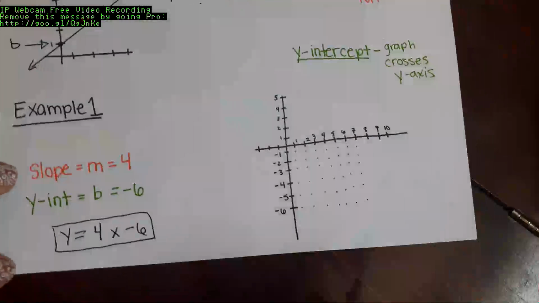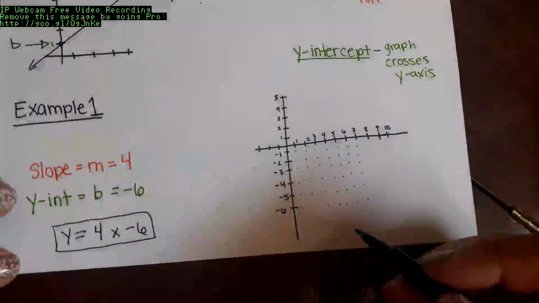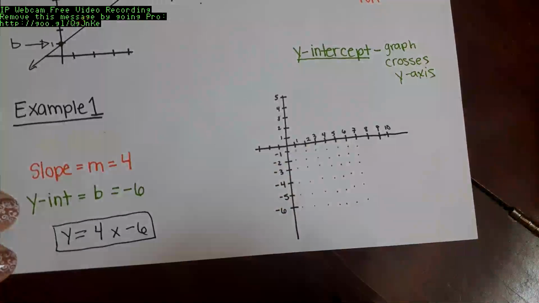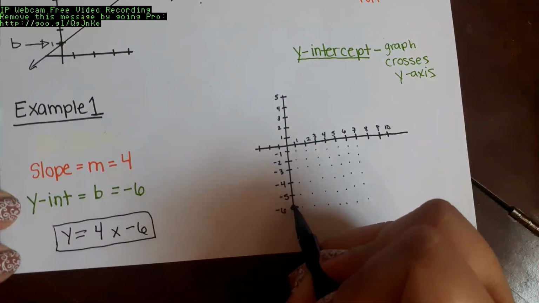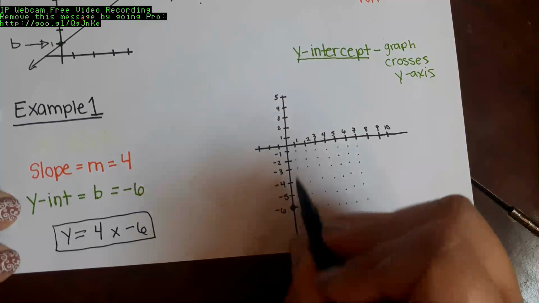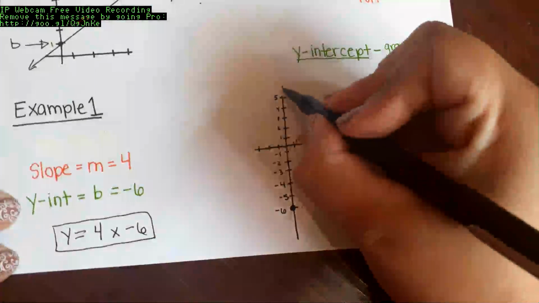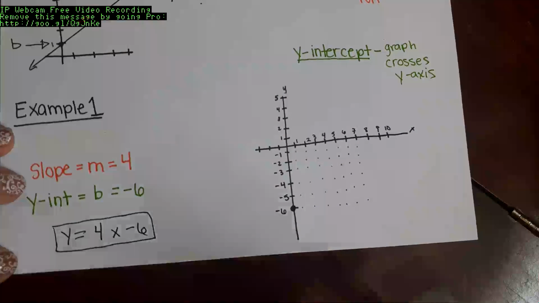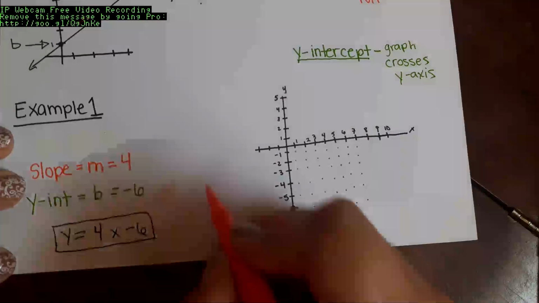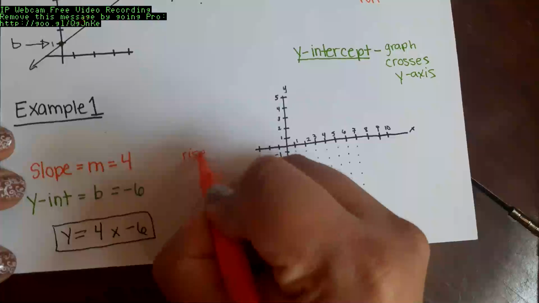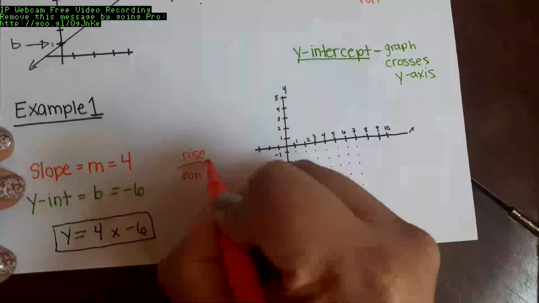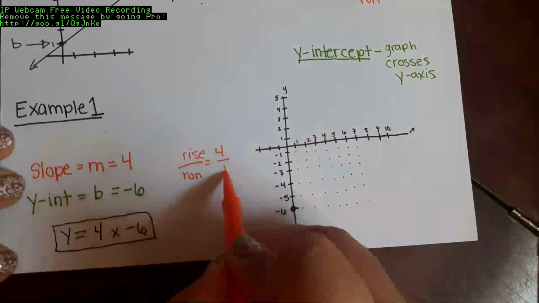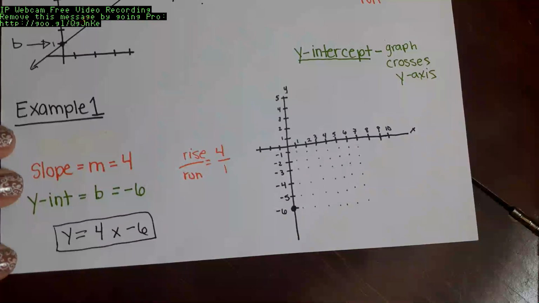So now let's graph it. I always start at my y-intercept. So I'm going to put a point at -6, because that's my y-intercept. Let me just put this here. Okay. And now my slope tells me that it's 4. So if it's rise over run, and my slope is 4, I'm just going to put a 1 under that. 4 over 1 is the same thing as 4.